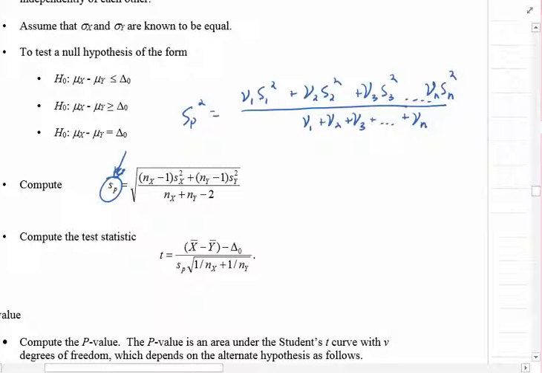We have Sx squared, Sy squared, and degrees of freedom associated with each. So we'll just have that formula. This bottom is the total degrees of freedom, and that's what we're going to use for our t-test. So it's a weighted average using degrees of freedom as the weighting factor.